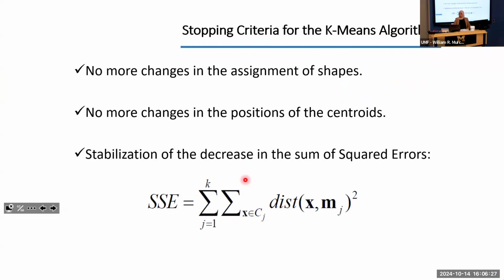What is the stopping criteria for K-means? There are no more changes in the assignments of shapes, and like that we understand that it needs to stop. There are no more changes in the position of centroids, and we understand the same. And there is a stabilization of the decrease of the sum of squared error, because if you remember last time, we said we measure the performance given some metrics.